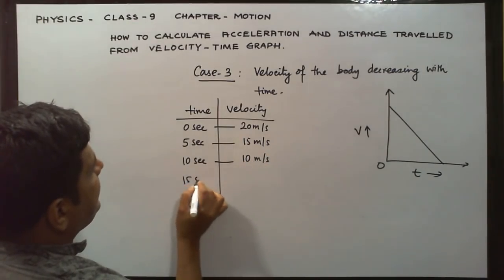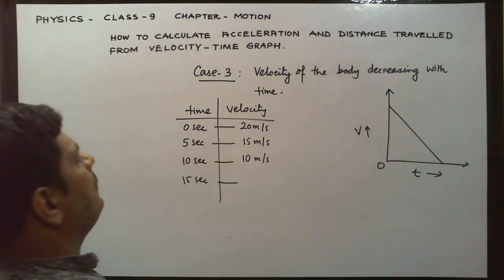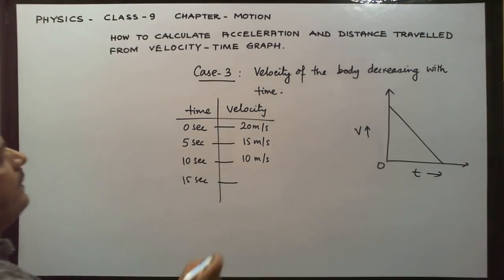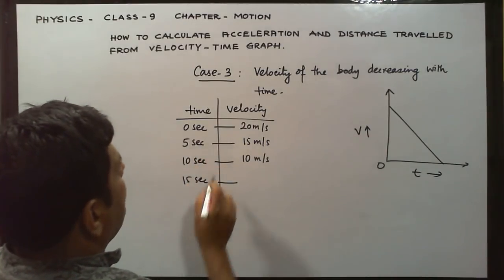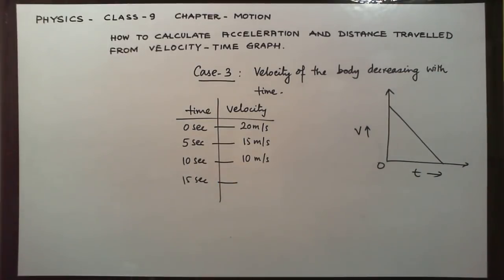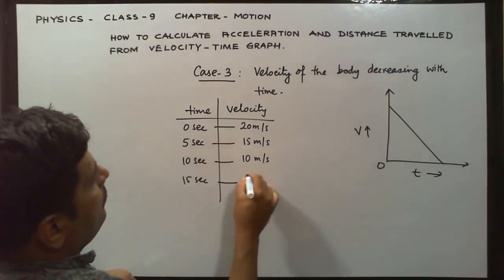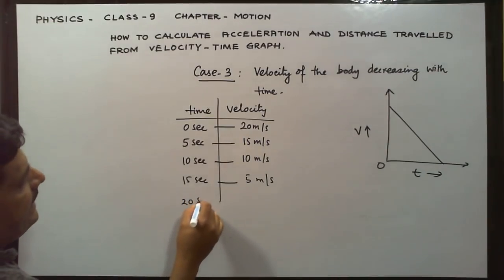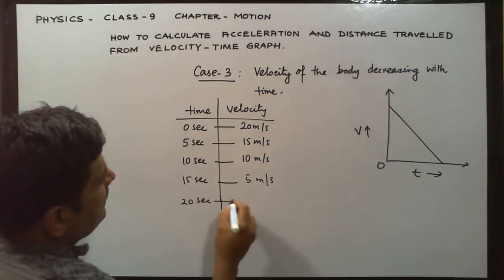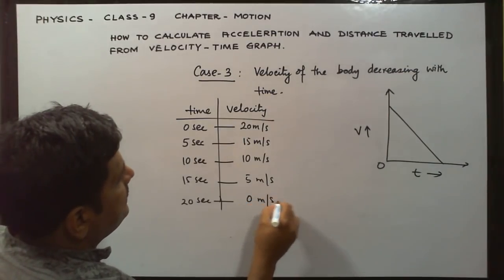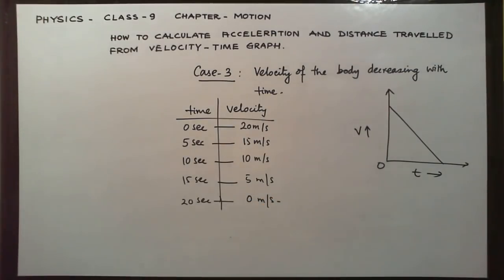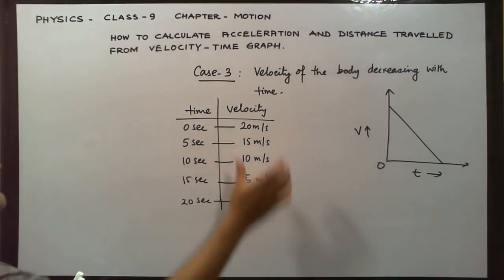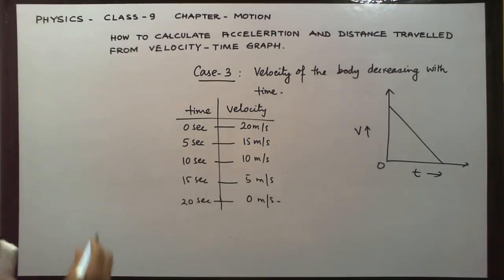At 15 seconds, 20, 15, 10, then we'll get 5 meter per second, then at 20 seconds, the velocity would be 0 meter per second. Now let us put this data and draw a graph.